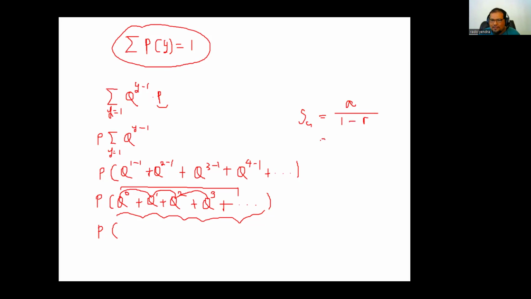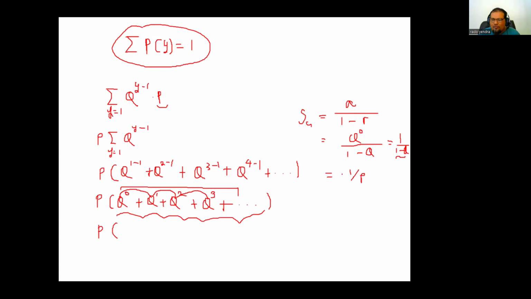So the initial value is q to the power 0, or 1, divided by 1 minus q, equal to 1 divided by 1 minus q. We know that 1 minus q is p, so the summation to infinity is 1 divided by p.